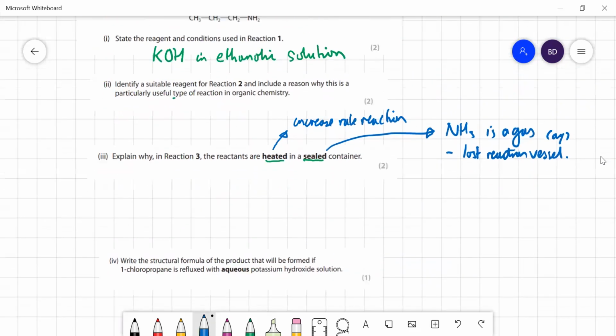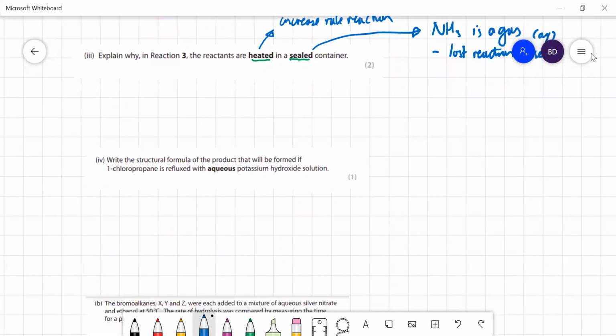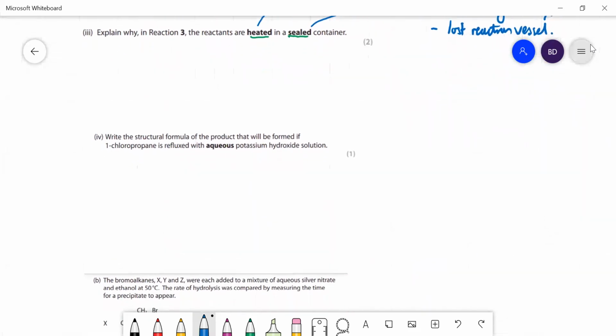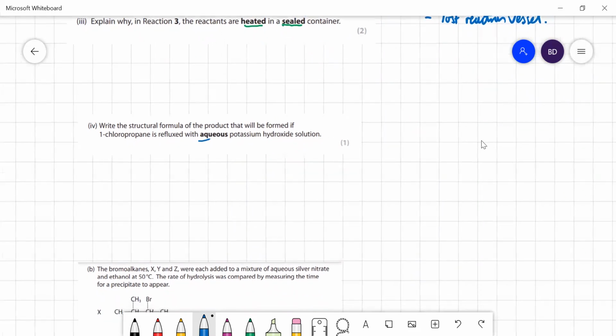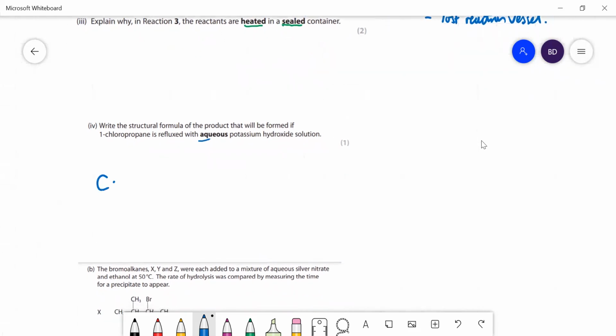Okay. Right. Question 4. Write the structural formula of the product that will be formed if 1-chloropropane is refluxed with aqueous potassium hydroxide. Well, we are going to get nucleophilic substitution here. So I'll write it down. 1-chloropropane is obviously like that.